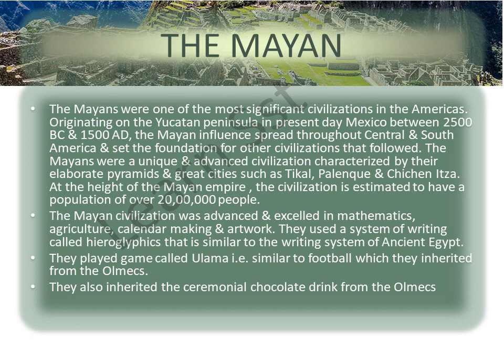They used a system of writing called hieroglyphs that is similar to the writing system of ancient Egypt. They played a game called ulama that is similar to football, which they inherited from the Olmecs. They also inherited the ceremonial chocolate drink from the Olmecs.